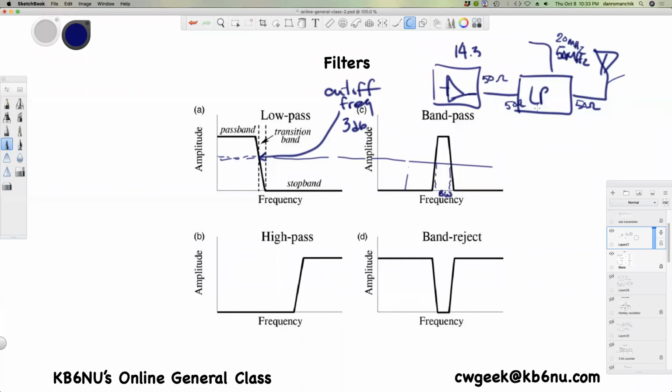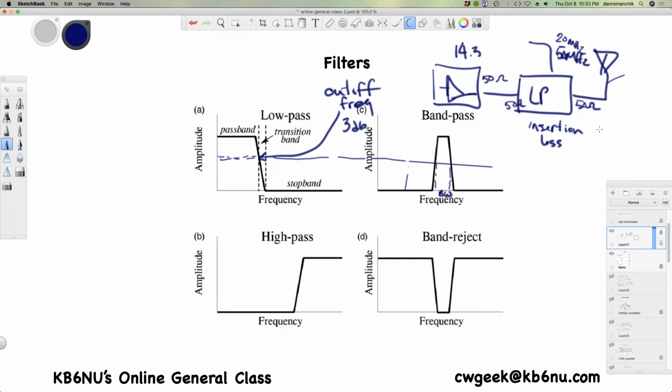And then getting back to this, I should have mentioned it earlier, but here you want this all to be matched. Even if everything's matched, even if you've got 50 ohms here, 50 ohms here, there'll still be some amount of insertion loss due to the resistances in there. You have the wire as a resistance. If you've got coils, they'll have a certain resistance. They'll contribute some amount of insertion loss.